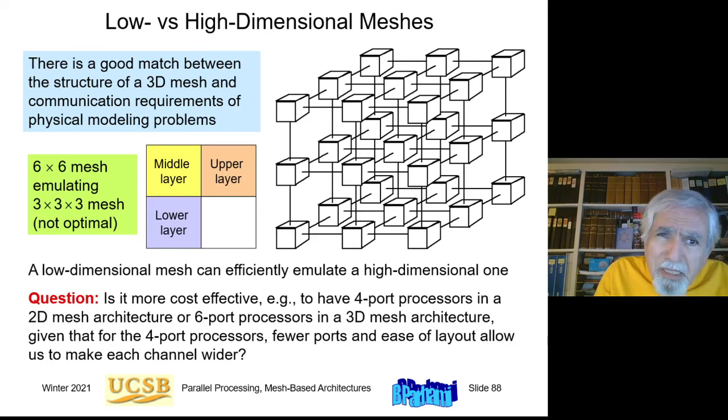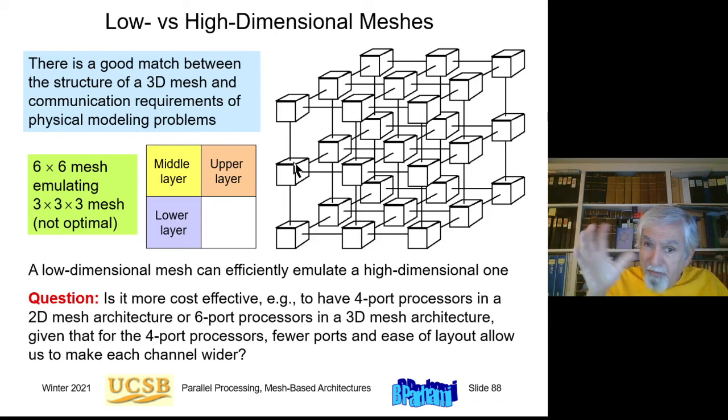So there is basically this discussion of whether we would be better off building a 3-dimensional mesh, knowing that one of those dimensions would be slower in terms of communication than the other 2 dimensions, given that we have a 2.5 dimensional implementation technology.